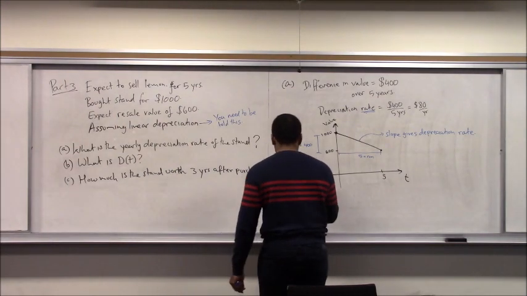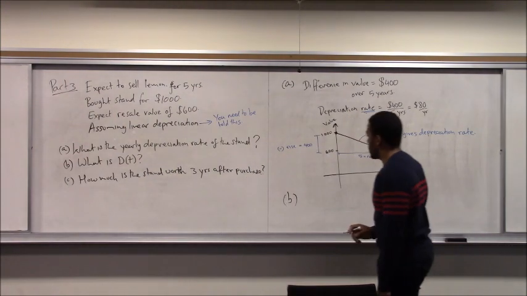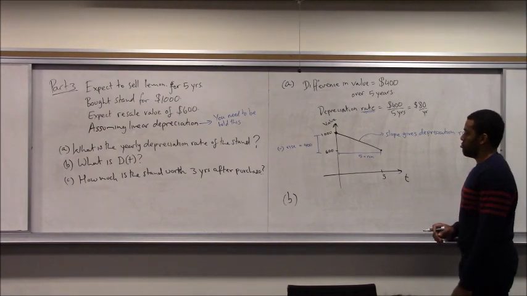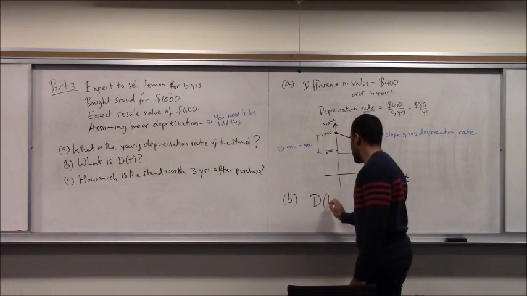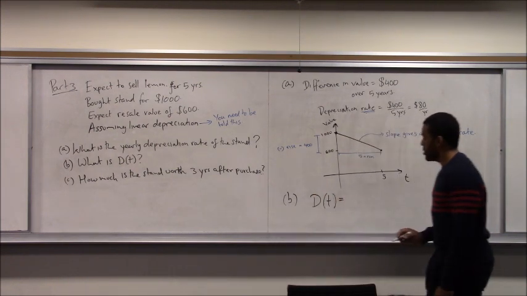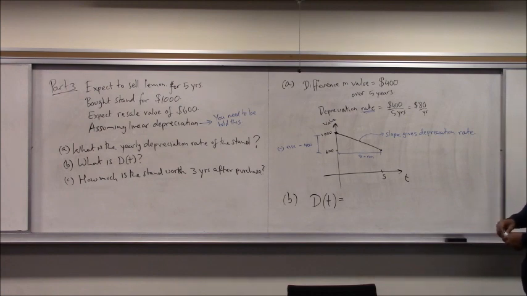And so now, what is d of t? What is that function? Now we drew the picture, so finding the function should be easier. What would that be equal to? 80 times 5?